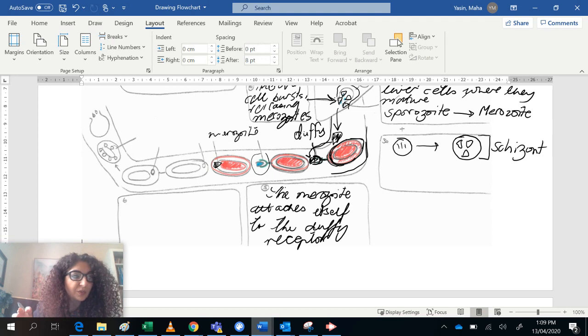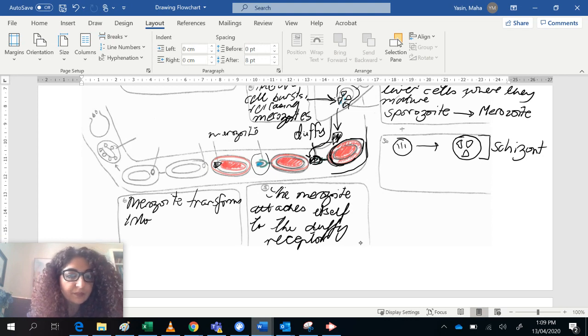Now, the merozoite, in the first instance here for number 6, is actually going to change. It transforms into a trophozoite. And the trophozoite actually just looks like a ring. That's all it is. It's just like a regular ring structure.